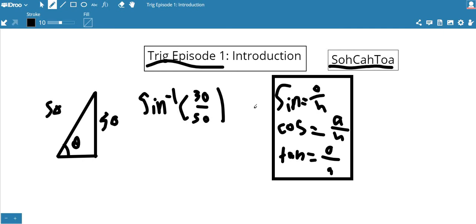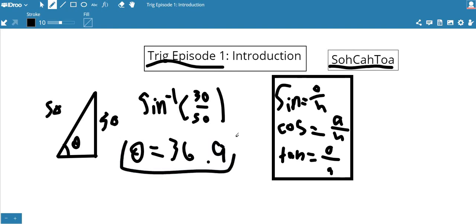So I'll put this in my calculator. We're going to round to the nearest tenth again, because that's what I like to do. So theta equals 36.9. And that is your answer.